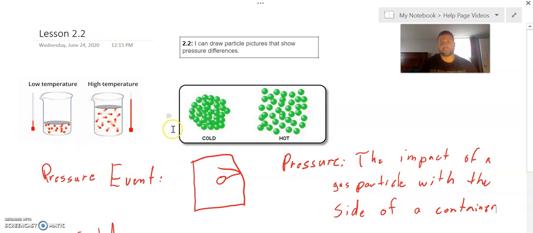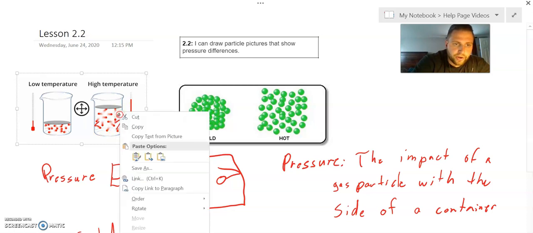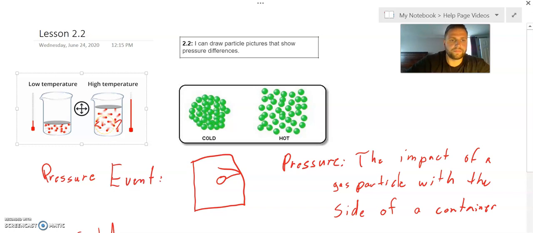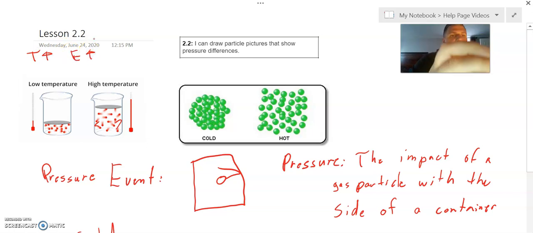But as we see here at the top, as temperatures increase, these little ricochets that occur will be much greater and harder. Generally speaking, as temperature increases, energy will also increase, and in a confined container, the pressure vents will also increase.